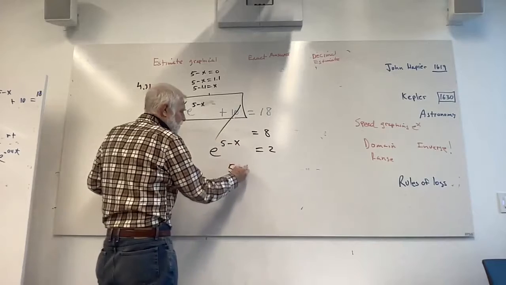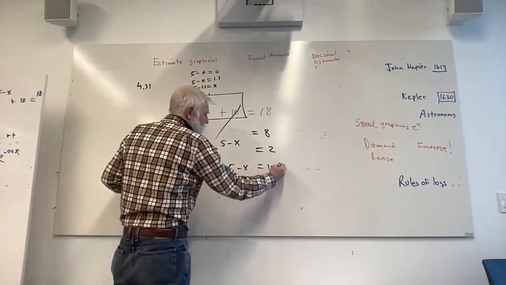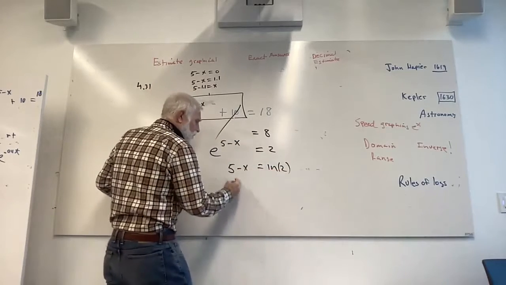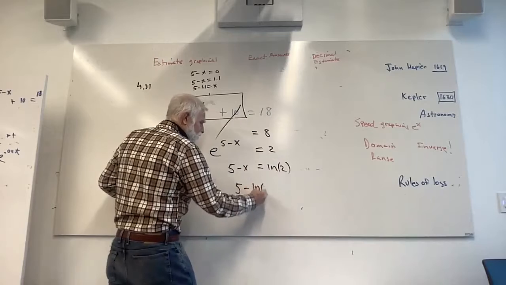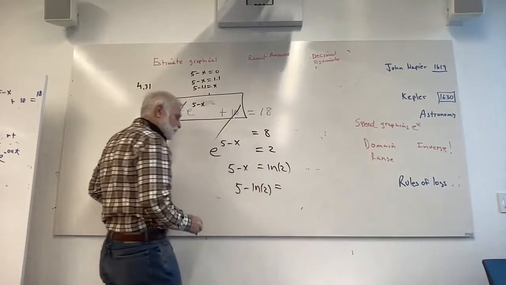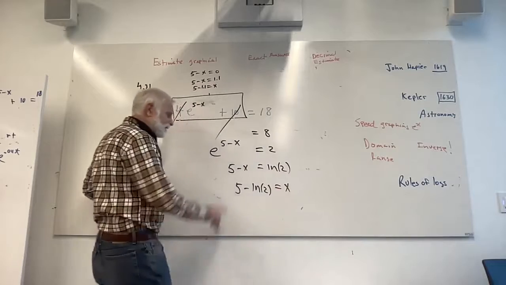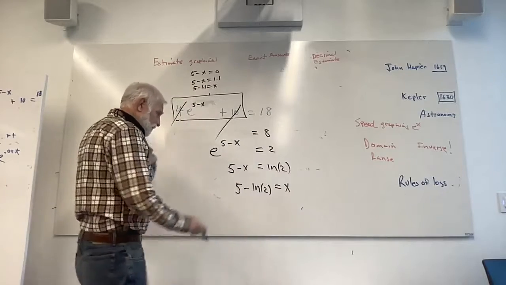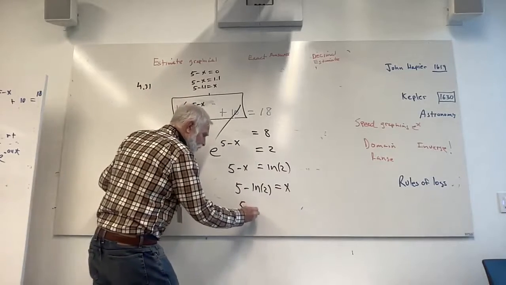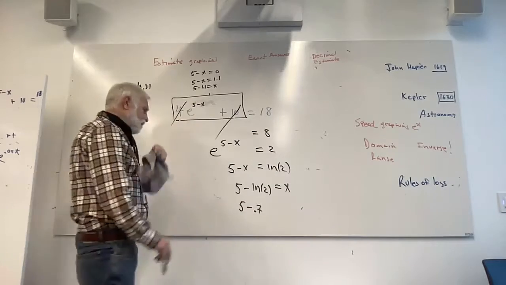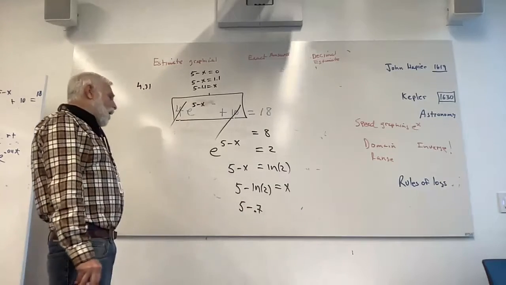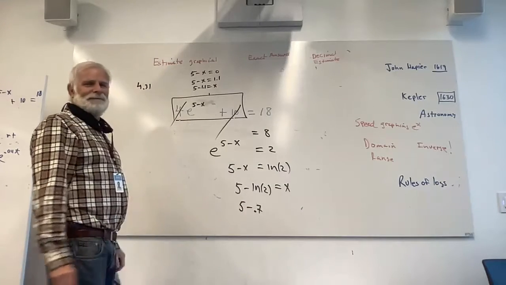Logarithms. 5 minus x equals ln of 2. So therefore, 5 minus the ln of 2 is equal to x. That's an exact answer. Now, the approximation is 5 minus 0.7. Oh, yeah, yeah. Whoa. I'm proud of that one.